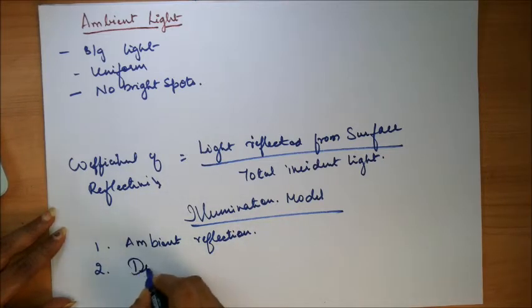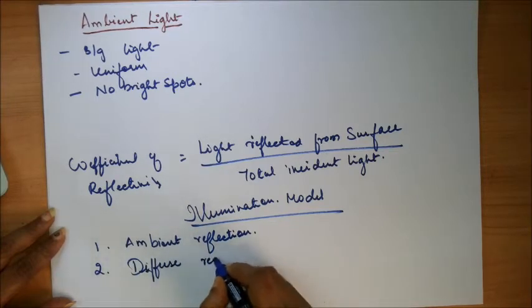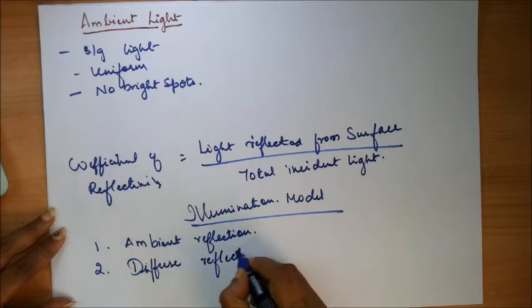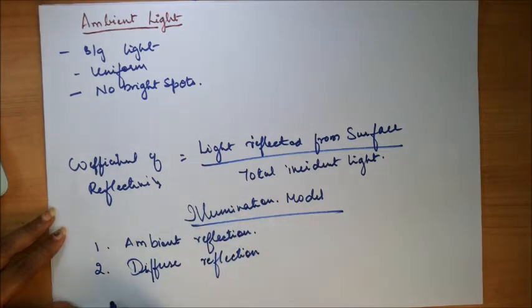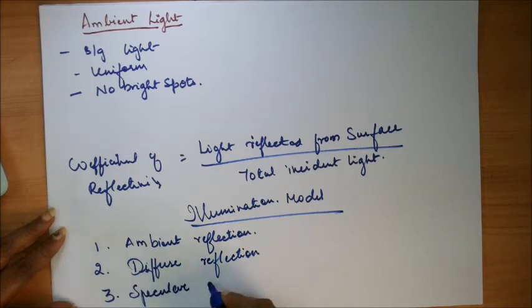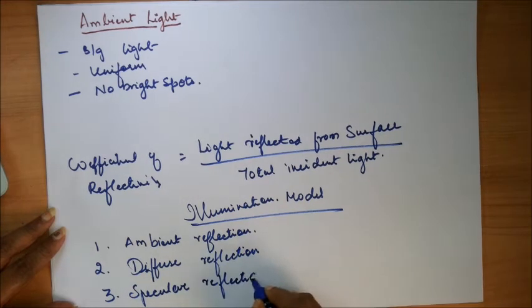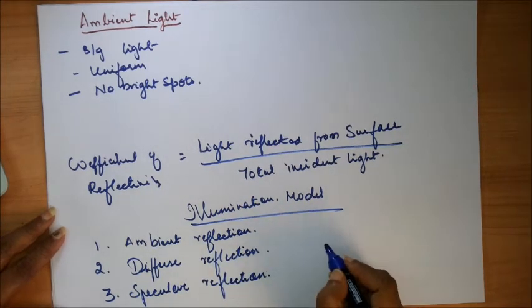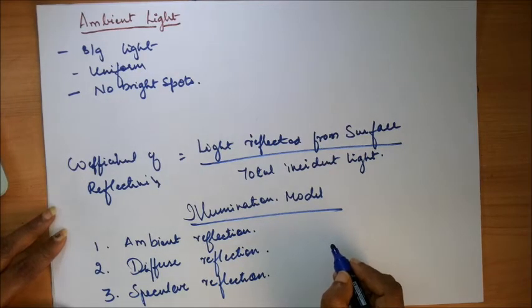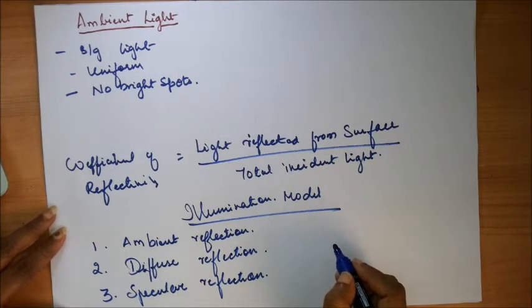Second one is diffuse reflection. This diffuse reflection is a reflection produced because of the light fallen on the object because of diffuse light. And third one is specular reflection. As we have seen earlier, the specular reflection is a bright spot seen on an object, which happens usually when there is a shiny surface and a spotlight falls on the object.